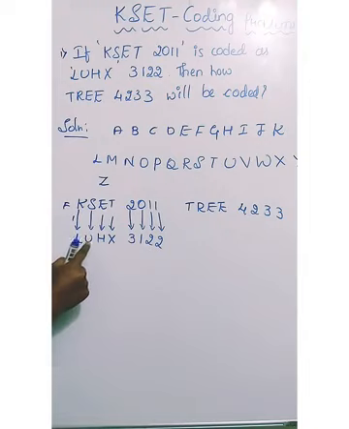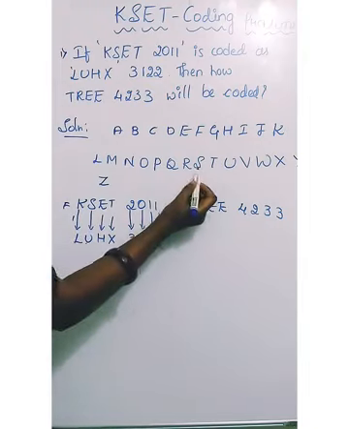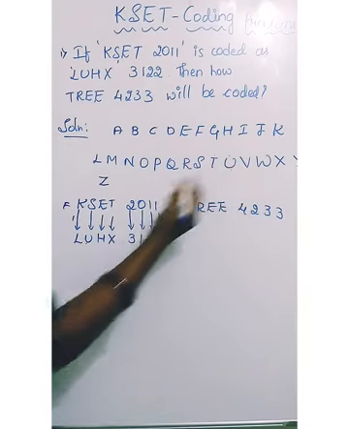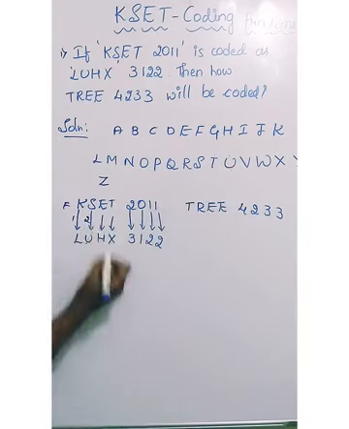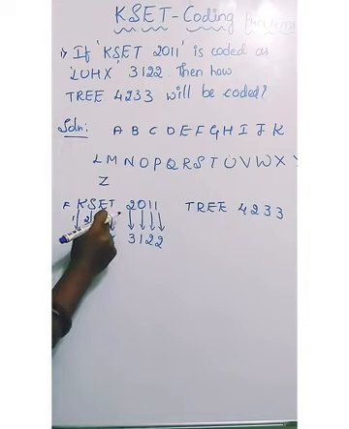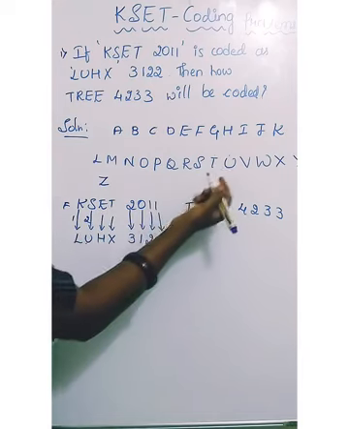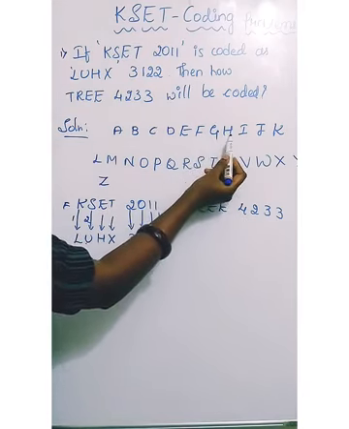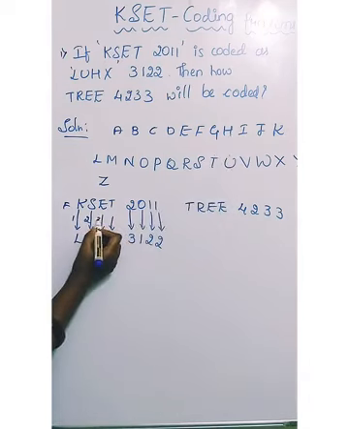After S, how many letters vary? After S, T, U, that is 2, right? So here I'll take 2. After E, H is coming. So after E, how many letters? 1, 2, 3. Here you should take 3.